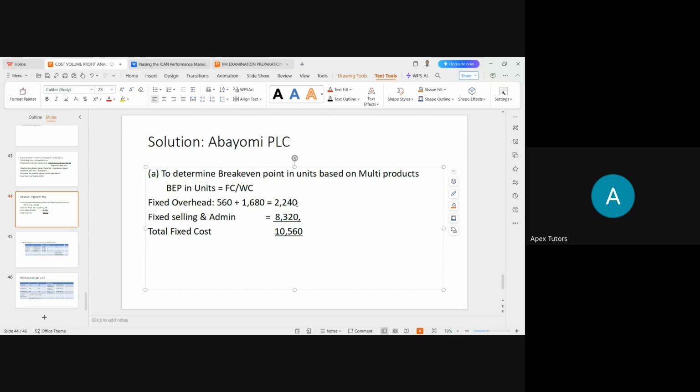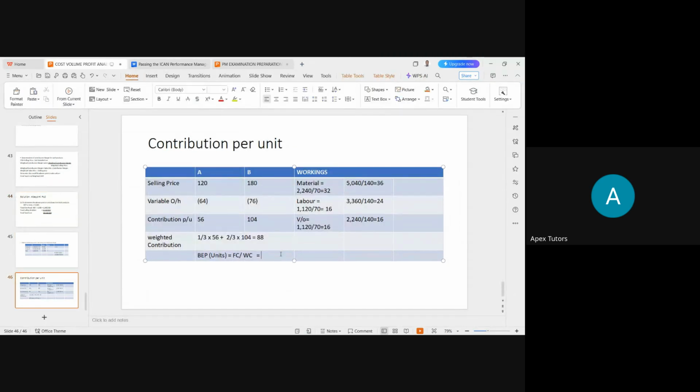I said I'm going to adjust this by adding zeros. So the fixed cost we solved for is 10,560,000. Now the weighted contribution per unit is 88.